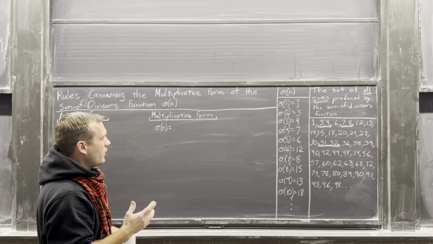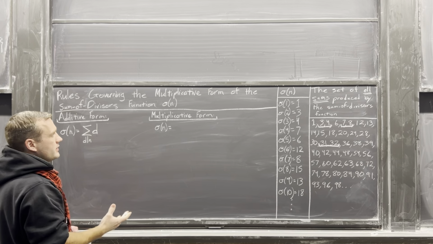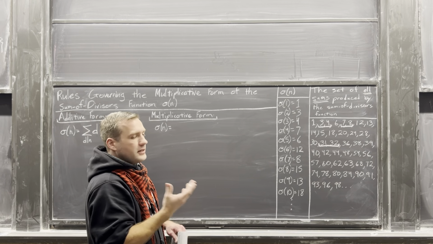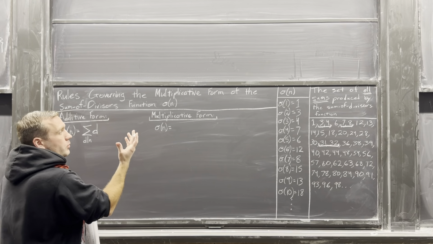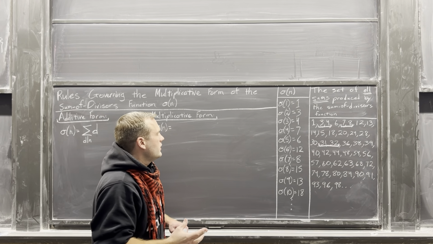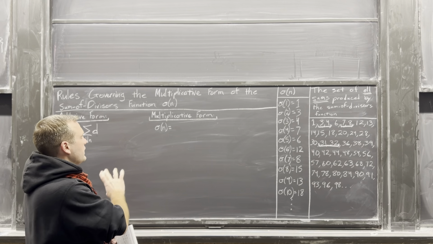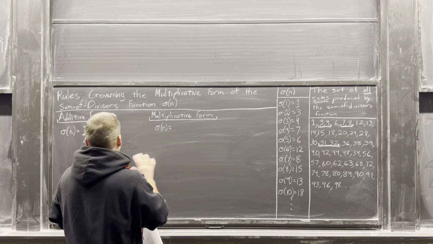Now, it turns out that the Sum-of-Divisors function has another form, and that is called a multiplicative function, or form, and that means something important. So what I'm going to do really quickly is express an example. It's a generalization.